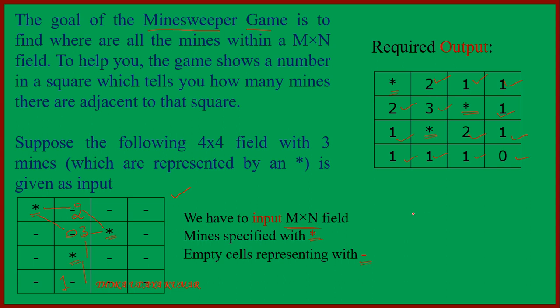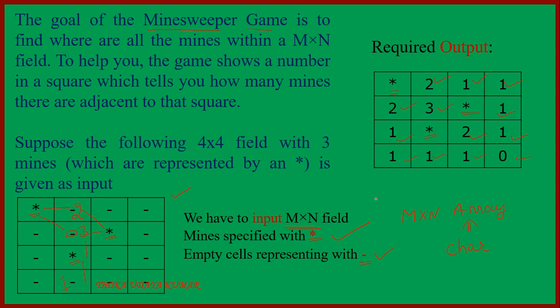So we are going to input an m by n array, where stars are representing mines and minuses are representing empty cells, and this array will be of char type, because star and minus are characters.